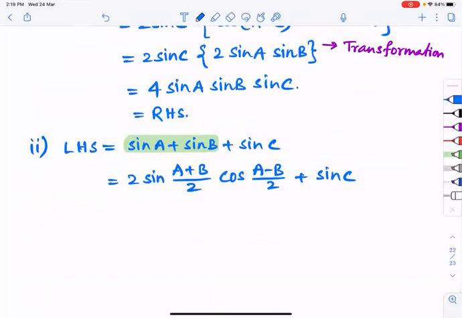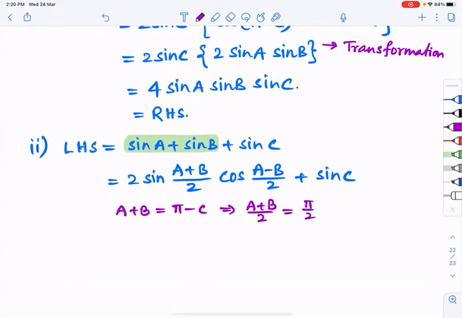Now here we know that A plus B is equal to pi minus C. Right. I am writing that here, and that will imply (A plus B)/2 is equal to pi/2 minus C/2.